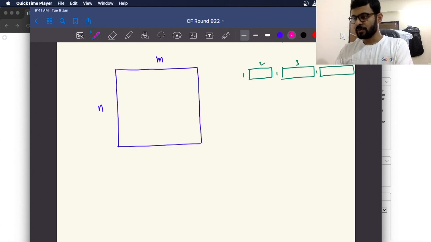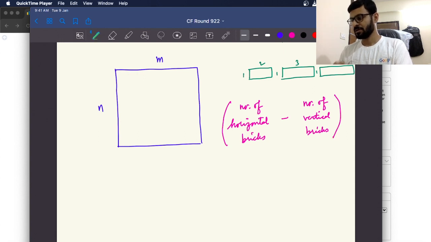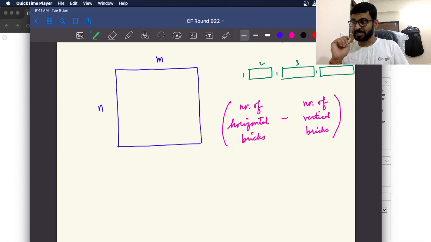Now, what do we have to maximize? We have to maximize this: the number of horizontal bricks minus the number of vertical bricks. This is what we have to maximize.